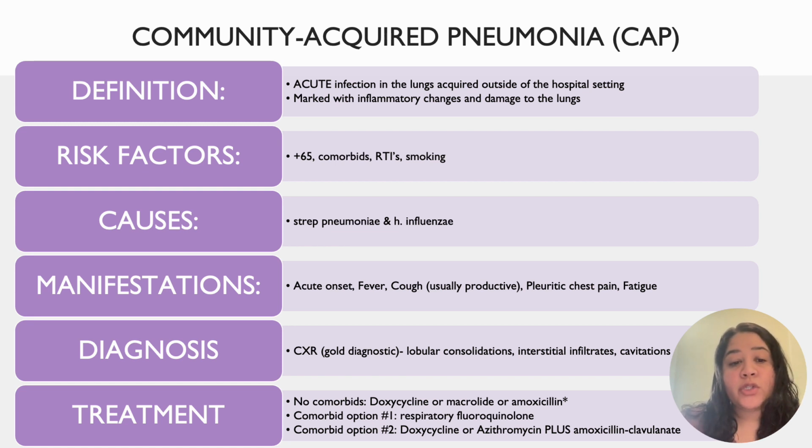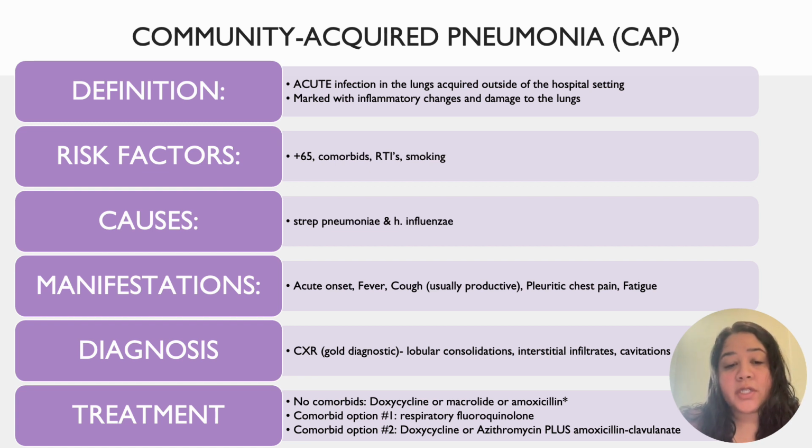For those individuals who have comorbidities, we have two different pathways that we can take. We can have pathway 1, which is a respiratory fluoroquinolone, or we have pathway 2, which includes a combination therapy. So doxycycline or azithromycin plus Augmentin.